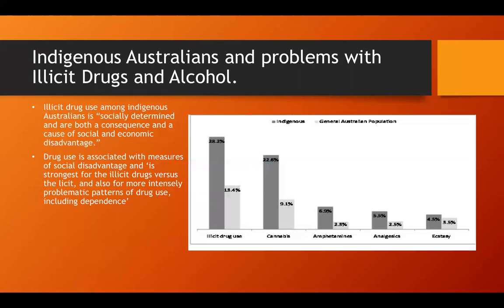Talking about cannabis, which is probably one of the most popular drugs in Australia at the present time, it's 22.6% compared to 9.1%, which is a huge difference. Amphetamines, 5.9% to 2.5%, which is not a massive jump compared to cannabis. And then we've got ecstasy at the end, which is pretty close because that's more of a party drug type thing, which is often associated with white culture.